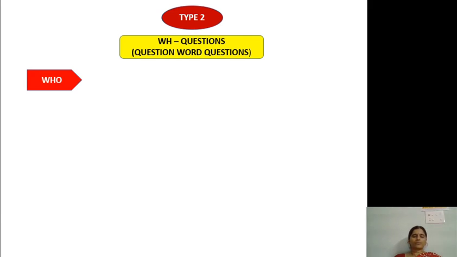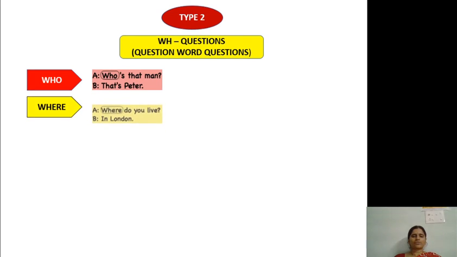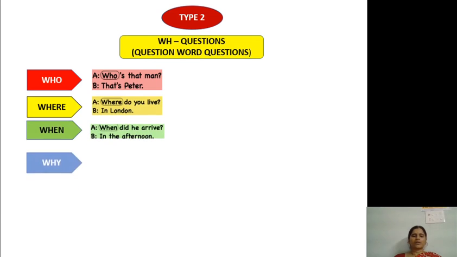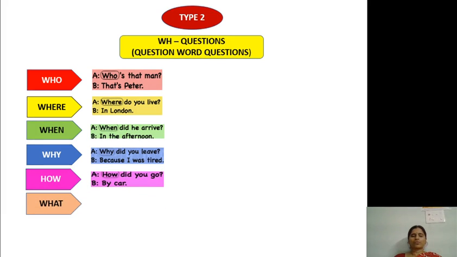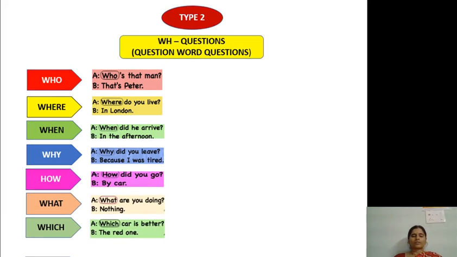Who refers to a person, and where refers to a place, when refers to time, why refers to reason, how refers to manner, and what refers to a thing. Which is used when you are referring to some choice, and whose refers to whom something belongs to.